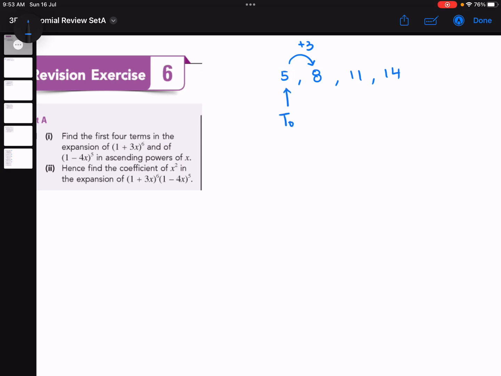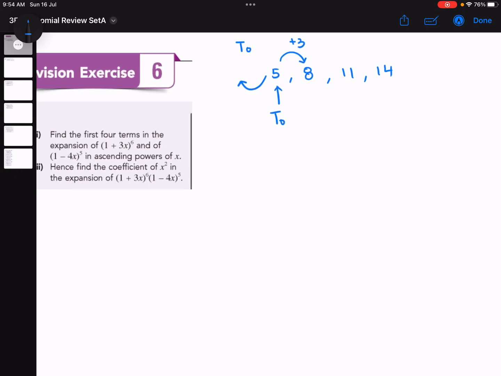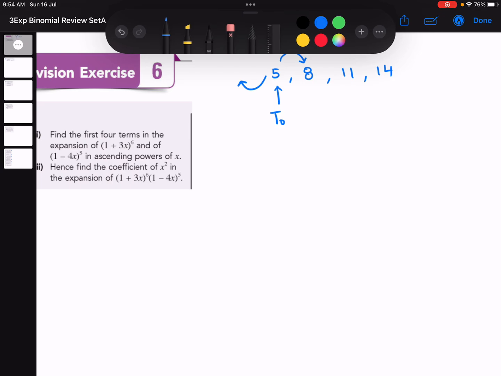When we do our number pattern in Sec 1, we always trace back to give me term 0. So just like number pattern, binomial also starts from term 0. You always remember, binomial, it starts from 0. Okay? So let me get rid of this not so relevant stuff and let me quickly start.